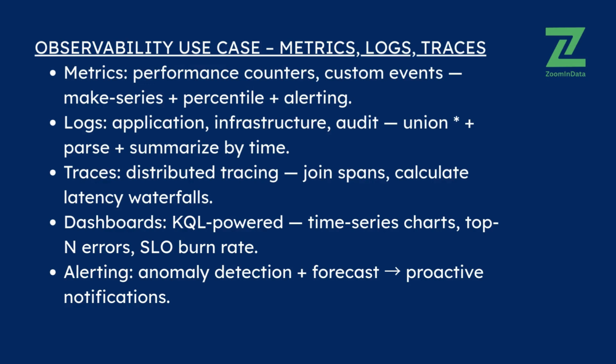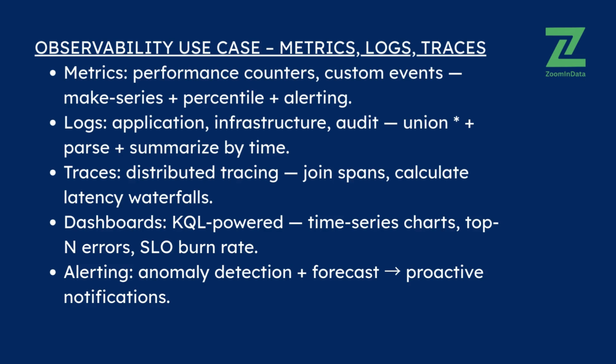Logs: application, infrastructure, audit logs, union asterisk across partition tables, parse semi-structured fields, summarize errors or patterns by time. Traces: distributed tracing data, join spans on trace ID, calculate end-to-end latency waterfalls, identify slowest services.